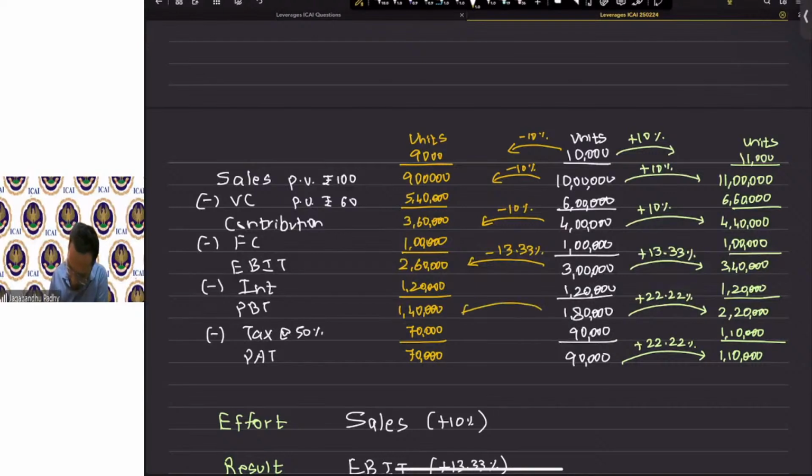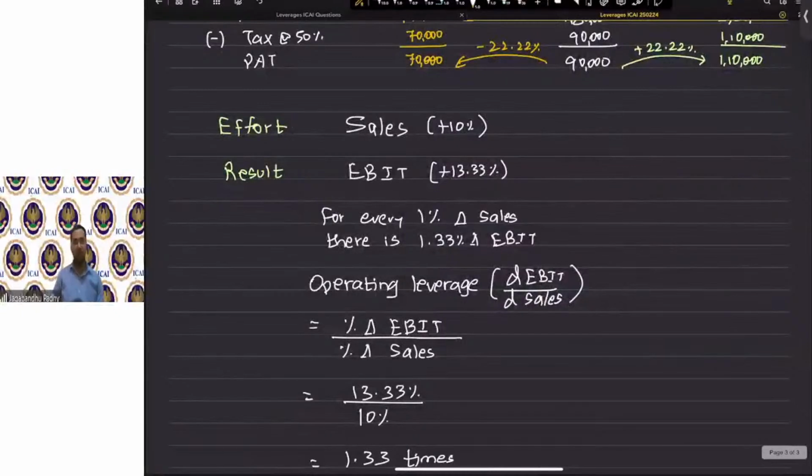And if you look at PBT, that decreases by 22.22%. Operating leverage of 1.33 is good if you are putting in extra effort. But if your sales are likely to fall, it's going to be a difficult situation because your EBIT is also going to fall at a faster pace, right?